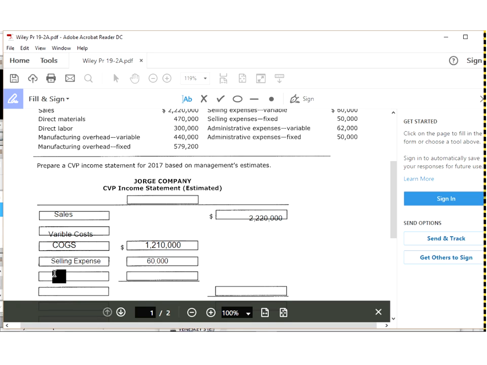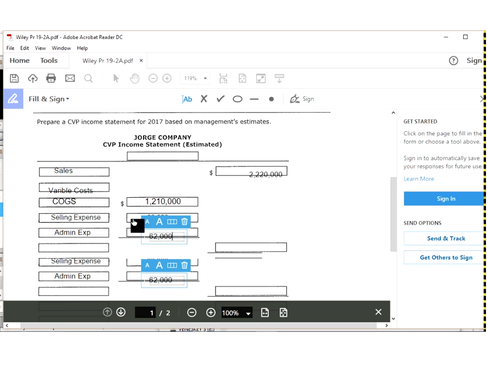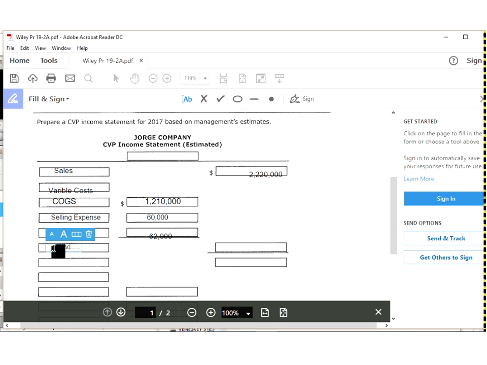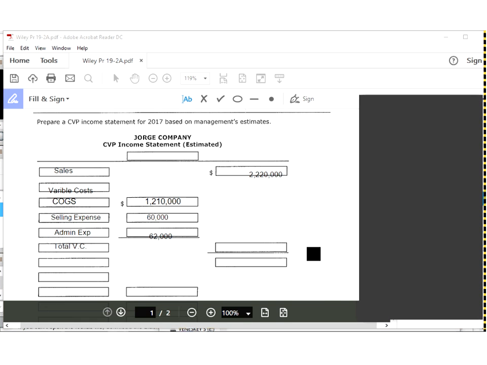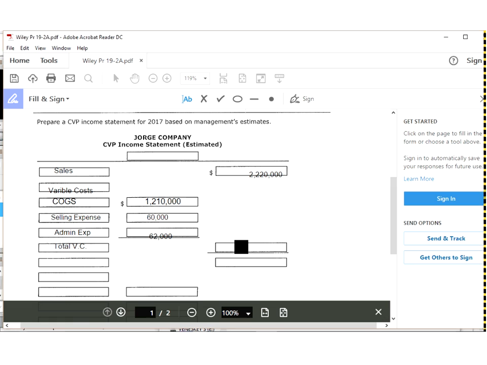$60,000, and then our admin expenses for $62,000. So now I can get my total variable cost. Simply add up the items here, and just to make sure I don't mess it up, let's add them. 1,332,000.